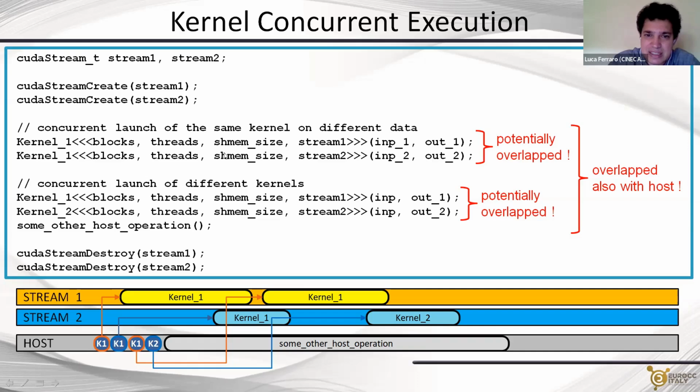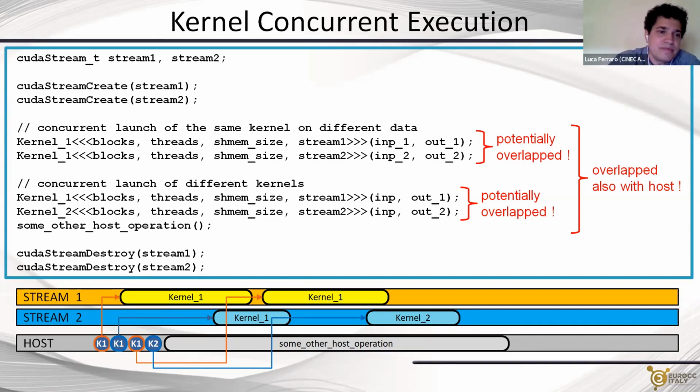This is a special syntax that Matti already showed you in his talk. So the launch of kernel 1 on input 1 and the launch of kernel 1 on input 2, since they are enqueued on different streams other than stream 0, can potentially be executed in overlap with respect to each other.